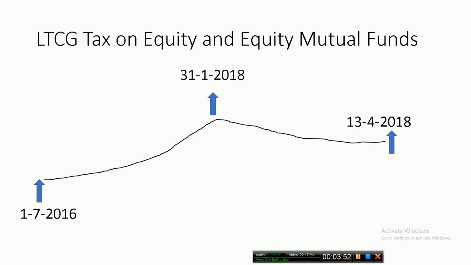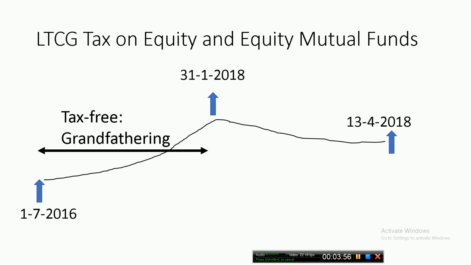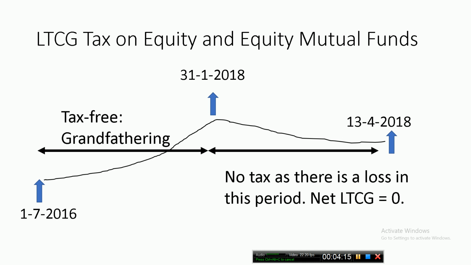So what is the tax to be paid in this situation? Again, let's apply grandfathering. The profit between 31st January 2018 and July 2016 is free of tax. Then between April 2018 and January 2018, there is no profit. There's actually only a loss. Therefore, there is no tax to be paid. So the net LTCG tax in this case is zero. You don't have to pay any tax.